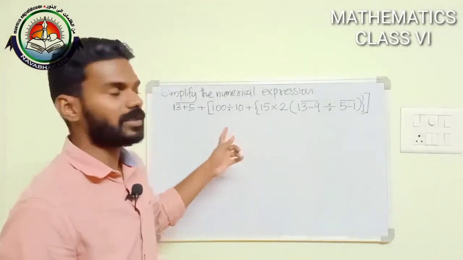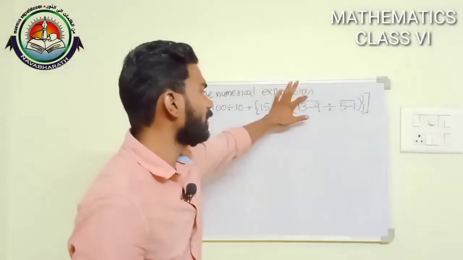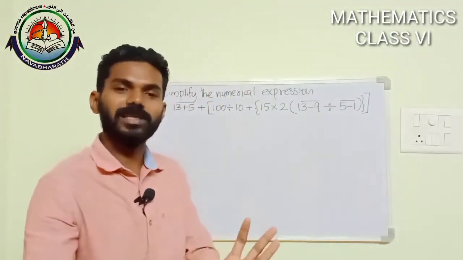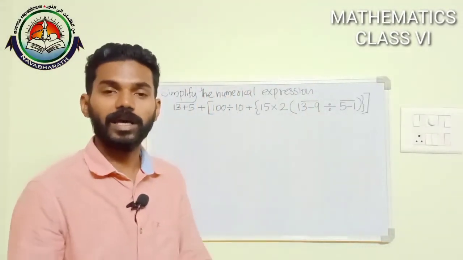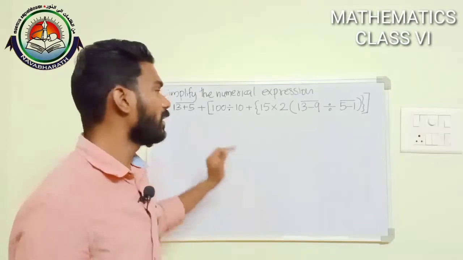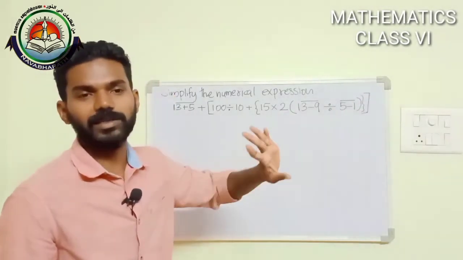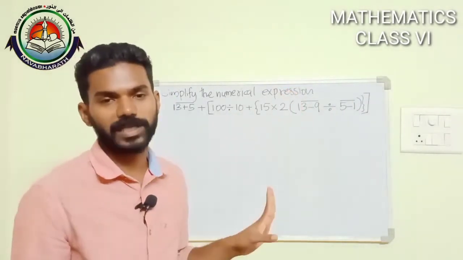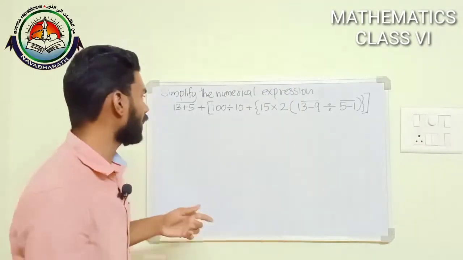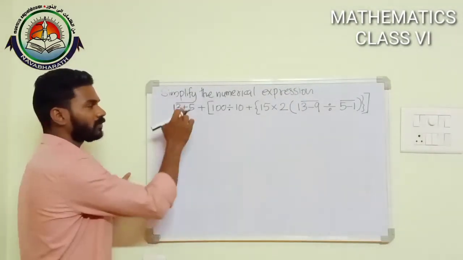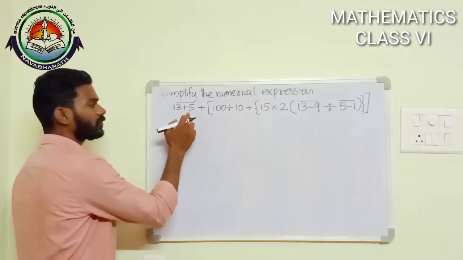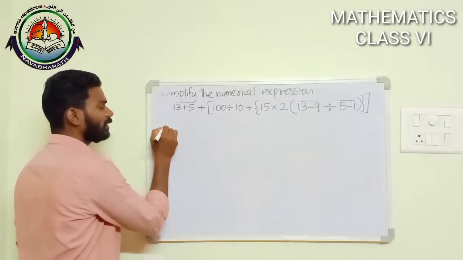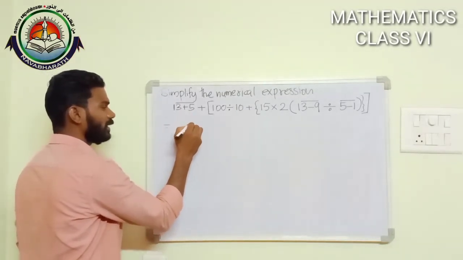How many bars are there? One here and one here. So just simplify them, and there is no change for any other brackets or any other numbers or operations. Clear? So how can you write this 13 plus 5 bar? 13 plus 5 would be reduced to 18.